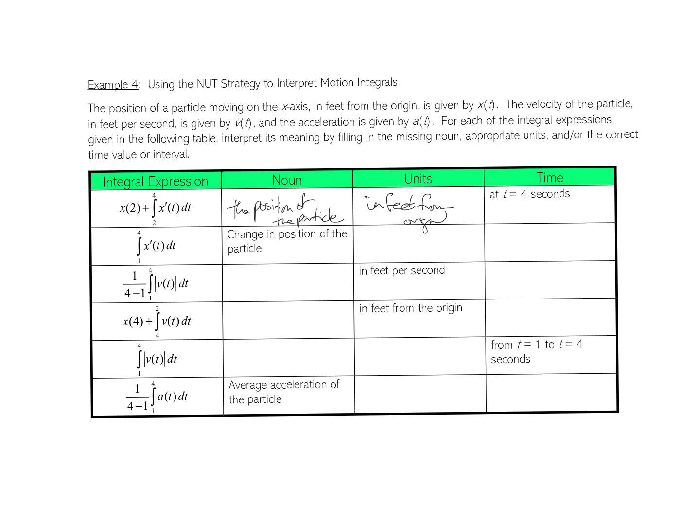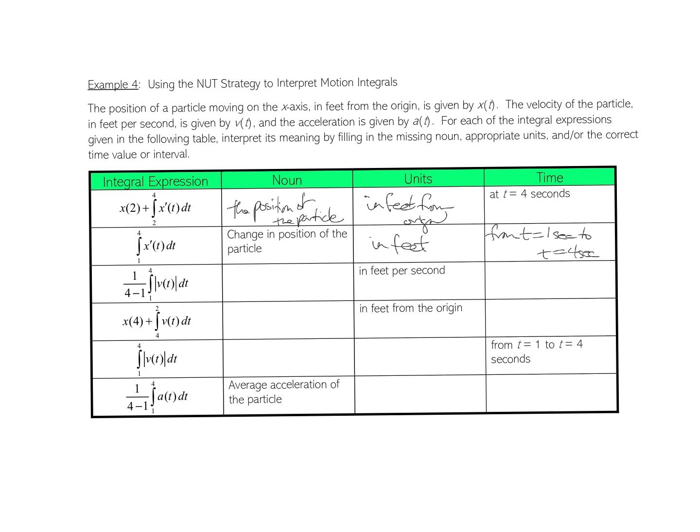The next one is the integral from 1 to 4 of the derivative of x of t. So what is the derivative of x of t? This represents the change in position of the particle, and this is going to be in feet, and the time is going from t equals 1 second to t equals 4 seconds.